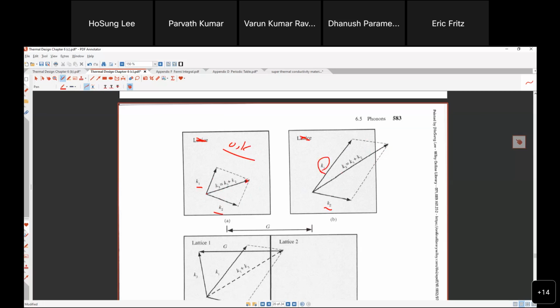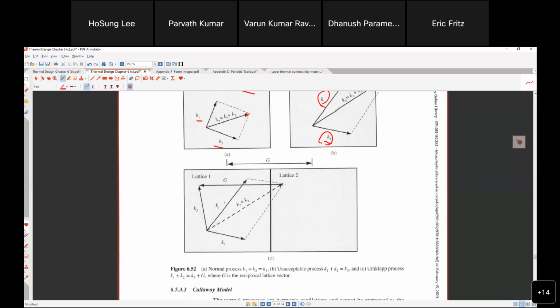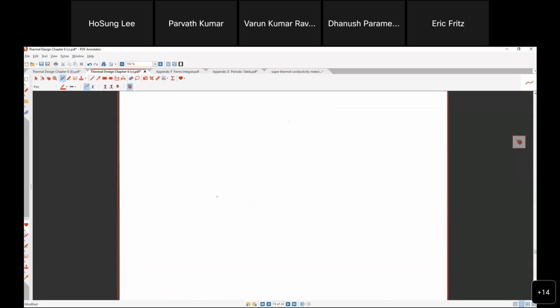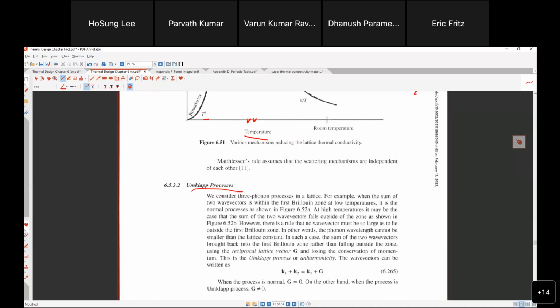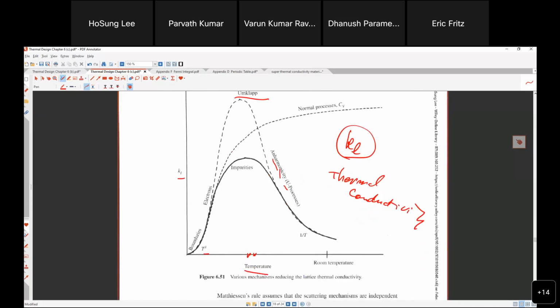So this vibration, phonon, never combines and does not conserve, rather than these two becoming K3 inside. It does not conserve. So that is Umklapp, anharmonicity. Do you understand? There's a major anharmonicity, the Umklapp process.